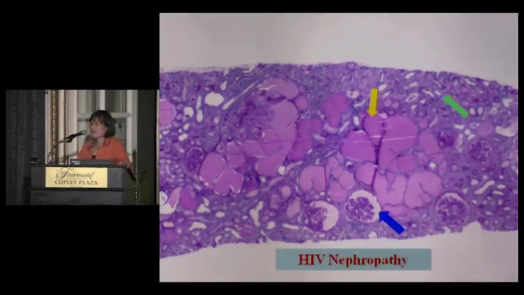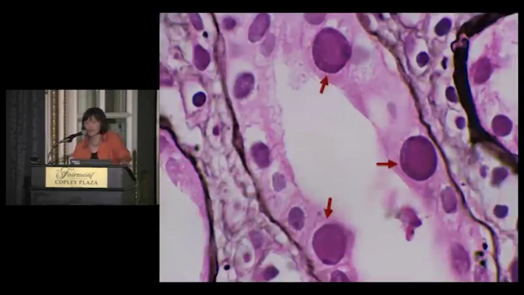HIV nephropathy. Okay, so that's the difference when you see a cast. A pale color indicates light chain protein and is associated with multiple myeloma. With HIV, you should also see collapsing glomeruli. Or if you don't see that in the field, the cast color is not pale because it's not light chain protein.